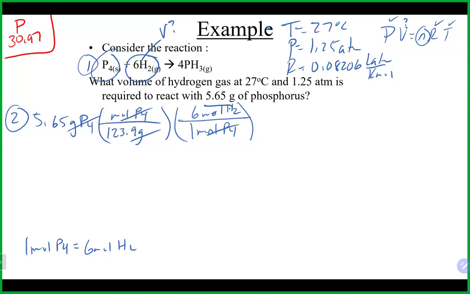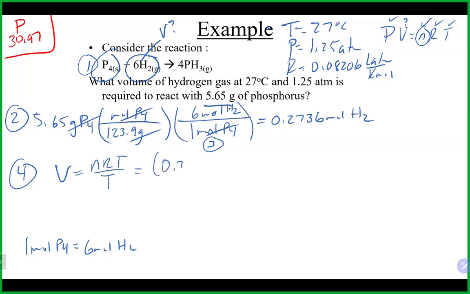That's going to get us 5.65 times 6 divided by 123.9, 0.2736 moles of H2. That once again is really our missing piece that we needed to use the ideal gas law. In terms of that, we're good to go for our last step, which is using the ideal gas law to solve for volume.